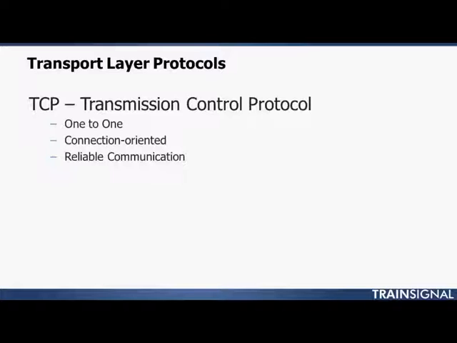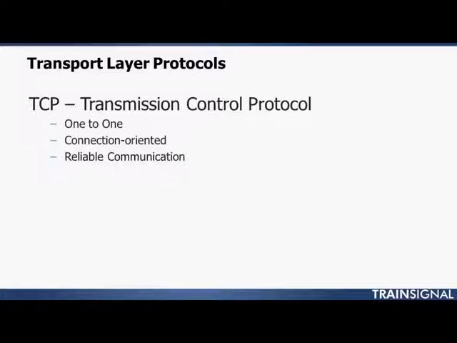That's where we would use TCP. It is what's known as a connection-oriented protocol, and we need to talk about that a little bit as far as what we mean by connection-oriented. But before I get to that, I also want to just state that TCP is considered to be reliable communication.